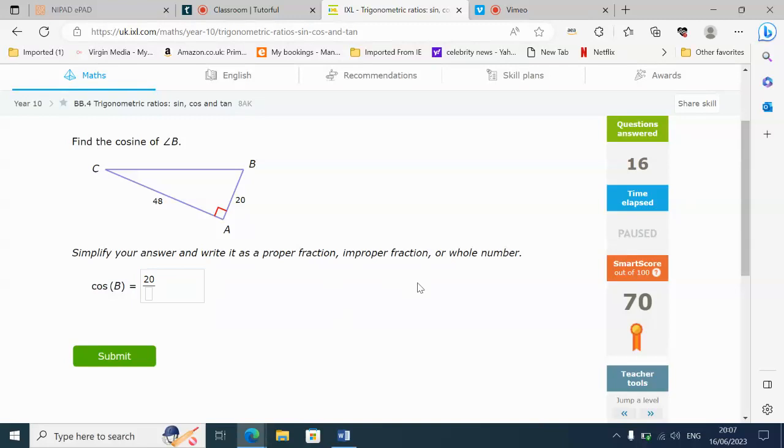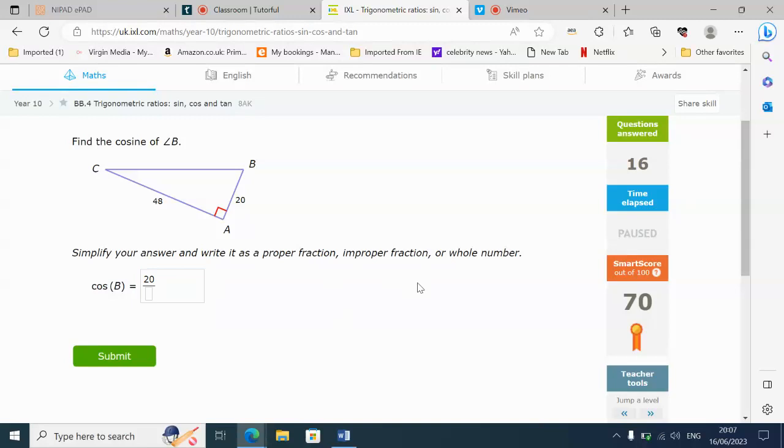So a squared would be the adjacent, which is 20 squared, and then b squared would be the opposite, which is 48 squared.